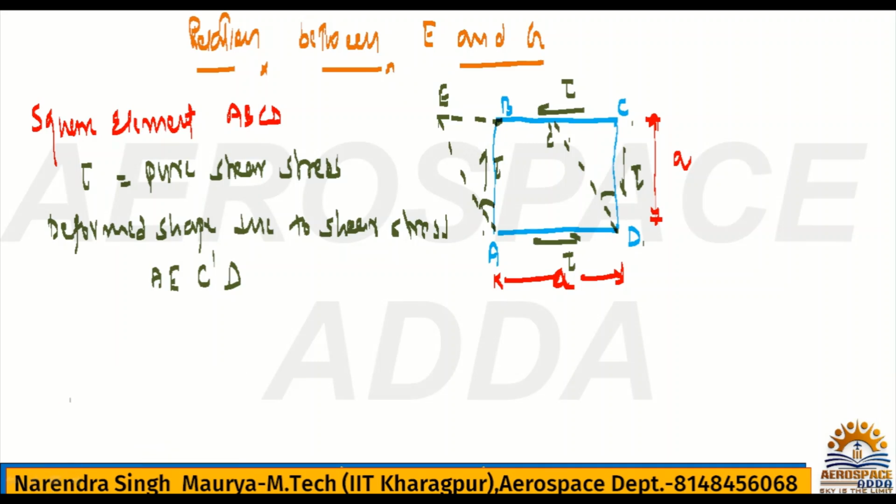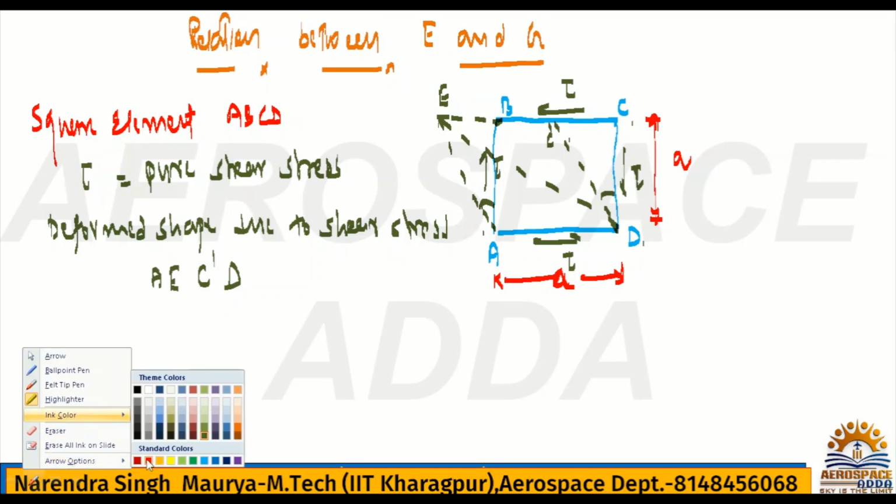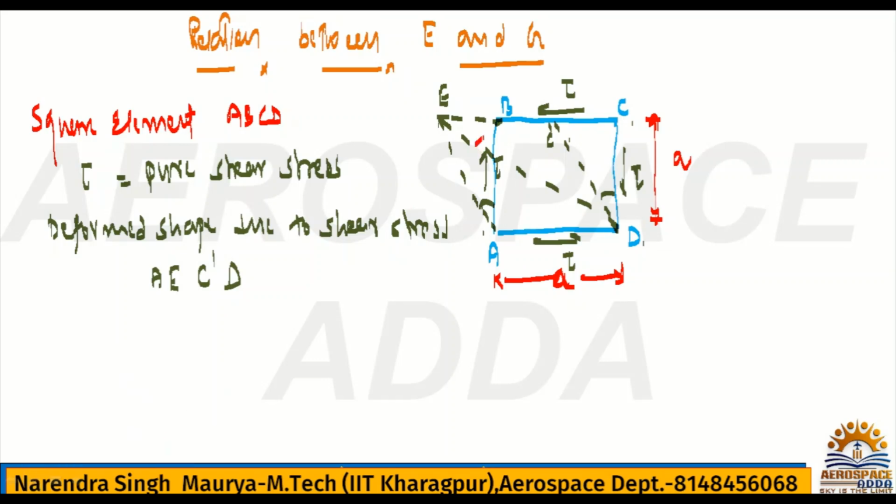In this, D to E. Now if you draw the perpendicular on this, you just say this is nothing but B dash.